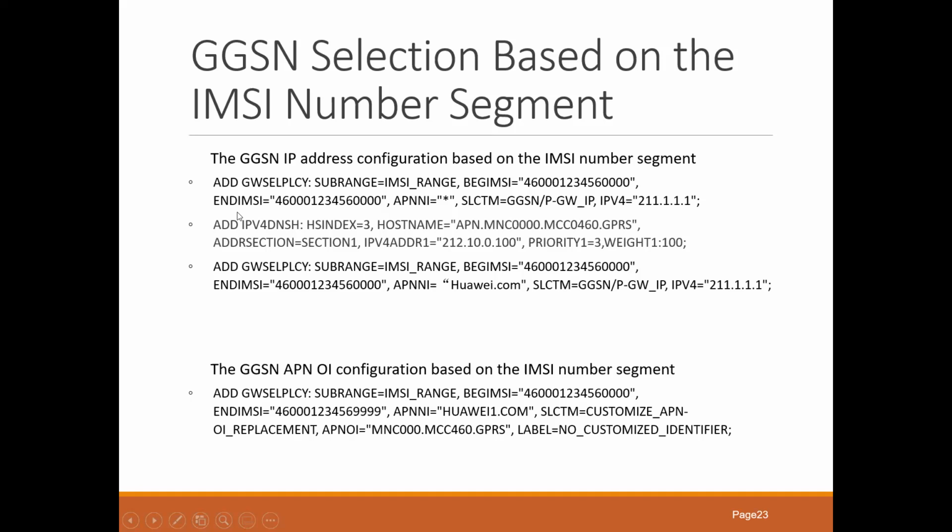So this command can be used for this operator index configuration as well, but 99% of the time what I've seen is that this gateway selection policy is usually used for routing a specific IMSI towards a specific GGSN address for testing purposes or for some other use as well.